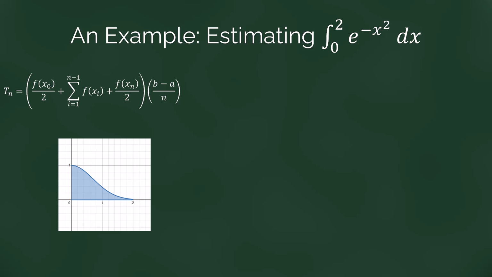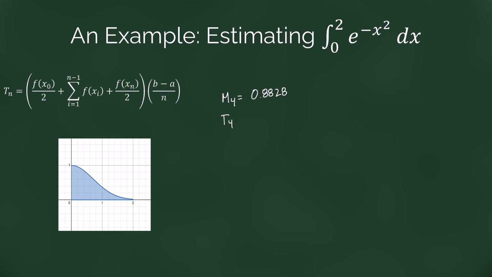Let's look at the same example we did before, except this time we're going to use trapezoids to approximate our area instead of midpoints. So recall that we found earlier that m sub 4, the midpoint approximation using 4 subintervals, was 0.8828. Let's look at t sub 4.